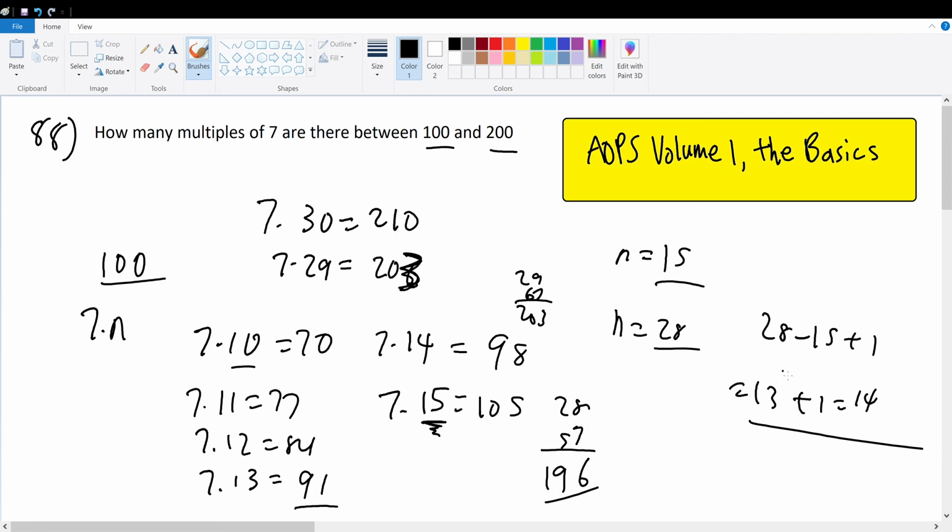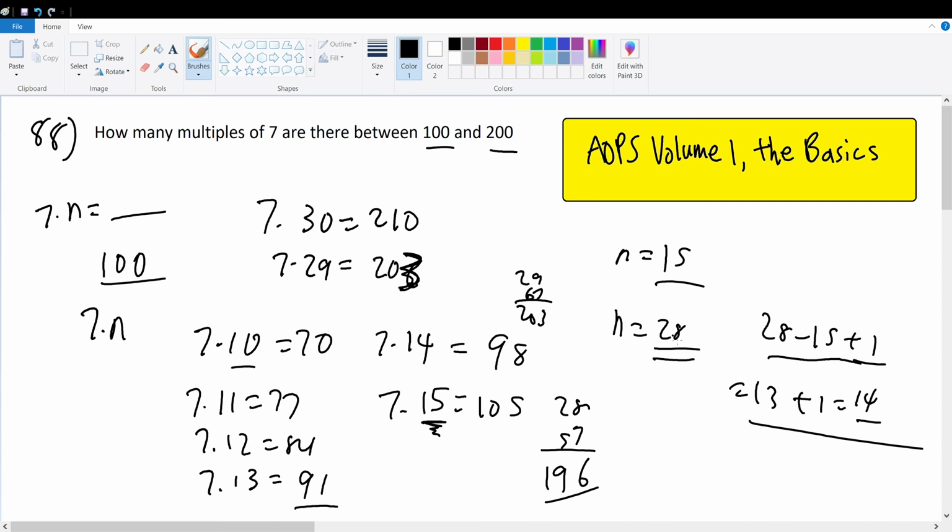And you might be thinking why I added 1 here and why 28 minus 15 plus 1 will give me how many multiples of 7 there are between 100 and 200. Well, that is because 7 times n should give me a multiple of 7. So 7 times 15 is the smallest multiple of 7 between 100 and 200, and 7 times 28 is the largest multiple of 7 between 100 and 200.